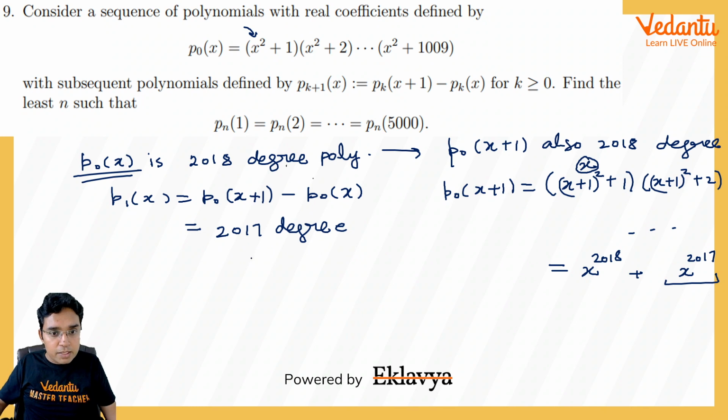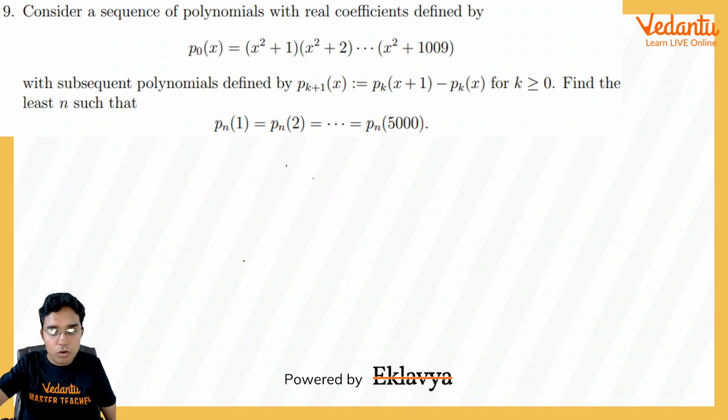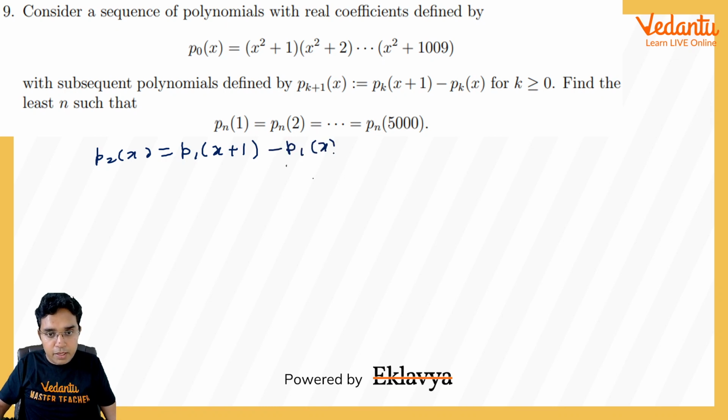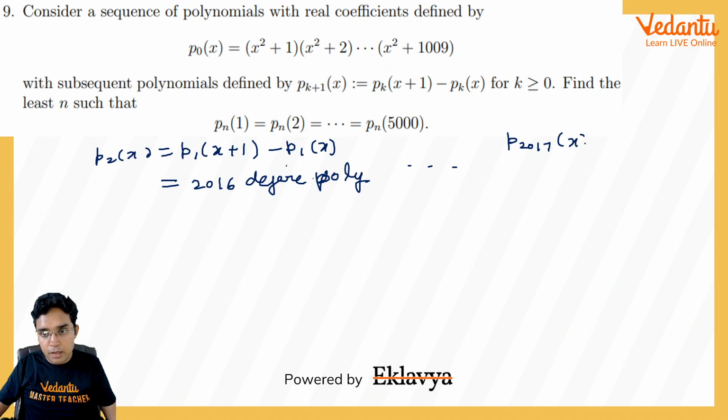Now similar to this, if we solve for p2 x, which will be the difference of p1 x plus 1 minus p1 x, we can directly conclude that it will be a 2016 degree polynomial. So every time we are increasing this index, 1 to 2, 2 to 3, the degree is getting reduced.